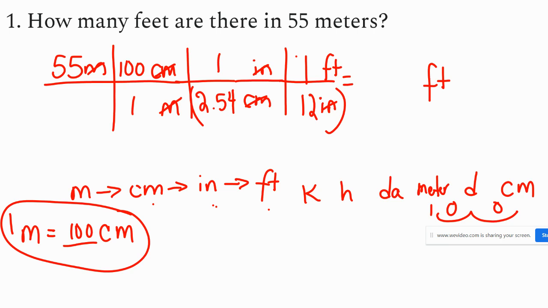So I went 55 times 100 times 1 times 1. You don't need to put that in your calculator. Then I hit the divide key, hit my begin parentheses, and put in 2.54 times 12 in my parentheses, and I should end up with 180.446192. How many sig figs should be in my answer?